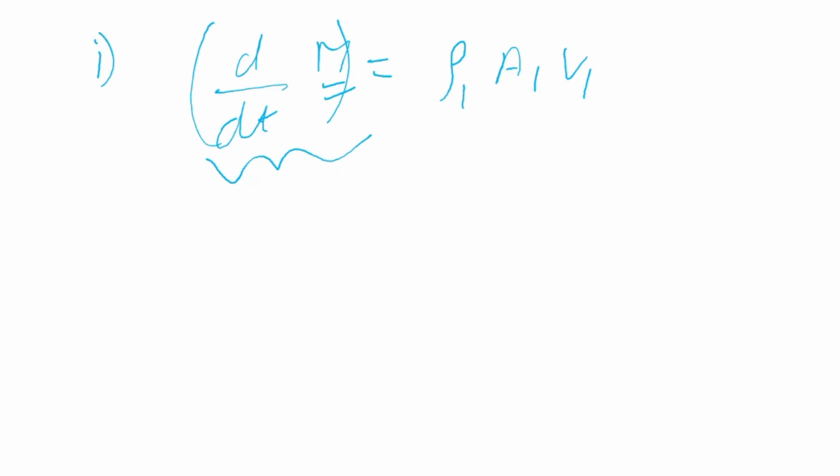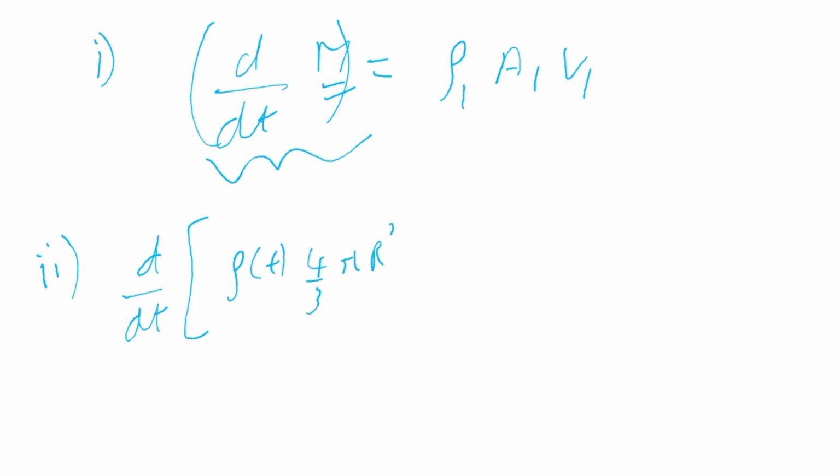Now for the second part is where the simplification helps. The d/dt of mass we just computed can be rewritten as rho of t times 4/3 pi r cubed, which is also a function of time, is equal to rho 1 a1 v1. For the second part, we have made the assumption to make our calculation easier that density is a constant.